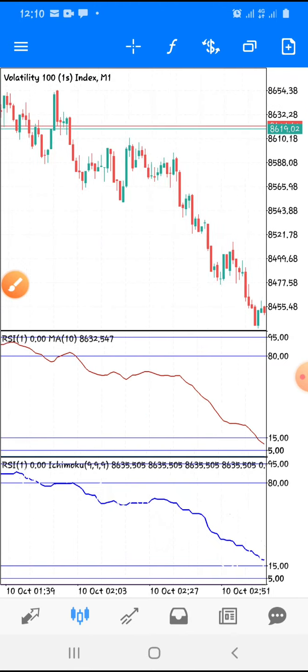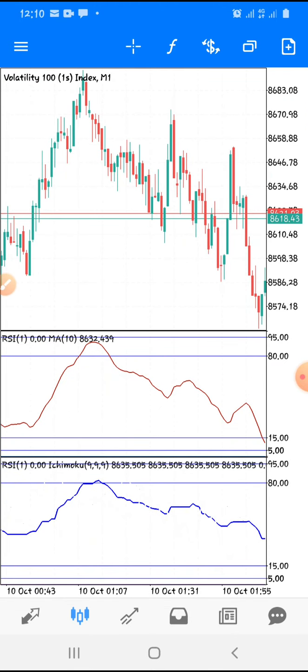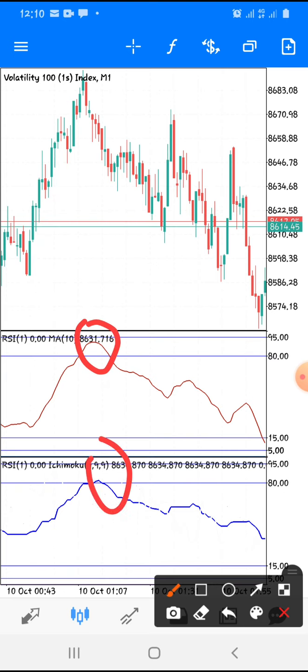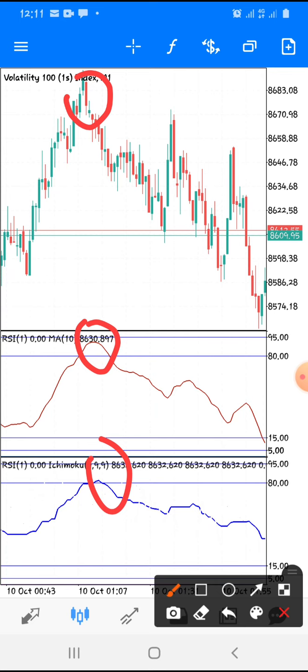I can go backwards again, and you will notice the same here and here and here. You can scalp with the 1 minute time frame. Even though we use the 1 minute time frame as our entry, you can also hold if the trend is still moving at a higher rate, and you can make a lot of money.